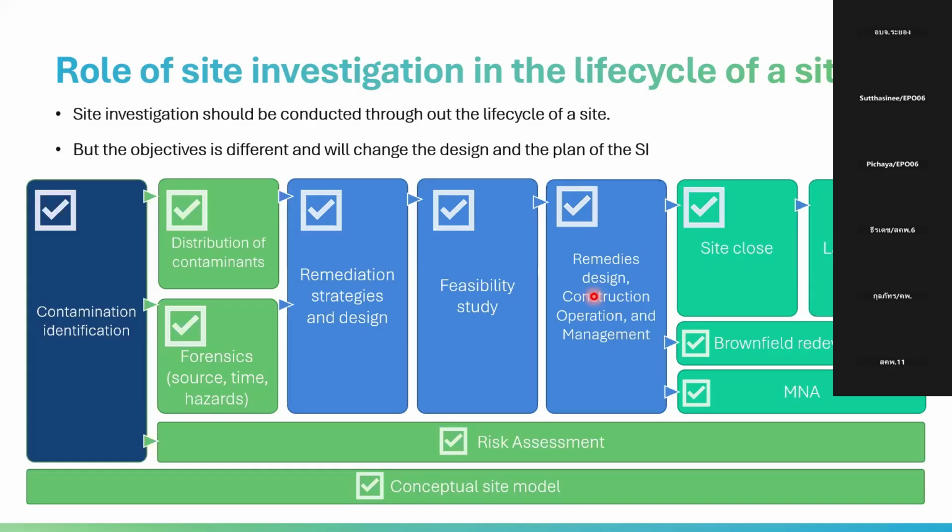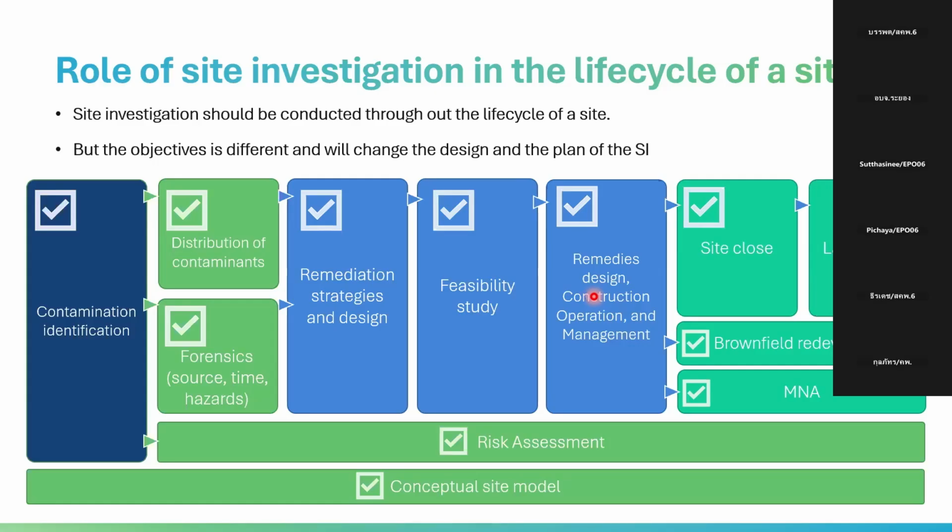But when you're doing the remediation, you have to redesign your sampling process because you already know the potential distribution location of the contaminant, and you have to describe more precisely the distribution of the contaminant in the saturated or unsaturated aquifer, and try to figure out how much volume of soil you have to excavate, and how much volume of groundwater you have to treat.